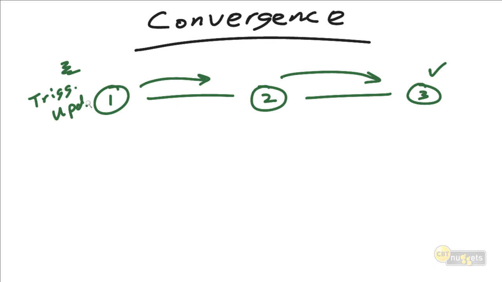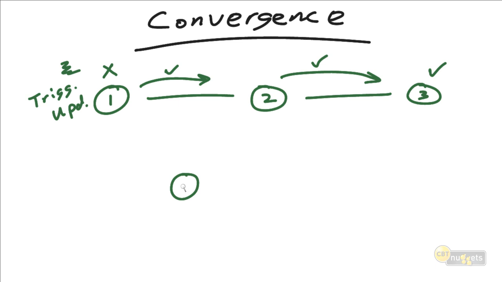And sure enough, with triggered updates, if there's some change out here, RIP can fire almost immediately an update, and then R2 would get that update, and it would fire a triggered update. So they did indeed engineer new features into RIP to try and speed convergence. But look, you're never going to have the speed of convergence with RIP that you would have with more sophisticated protocols. Let me give you an example of what EIGRP can do.